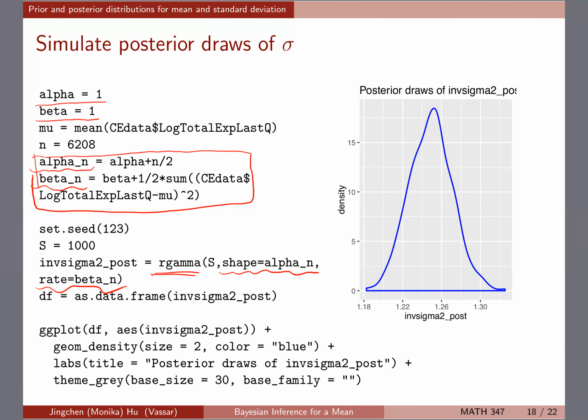Or you can use other functions like dgamma, pgamma, and qgamma. It depends on the task, like credible interval, or hypothesis testing, et cetera. So it depends on what you need to do. And the reason is, again, because we know exactly what the posterior distribution is. So it's much easier actually to do it in the way that I just said.